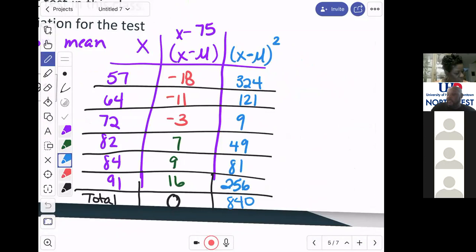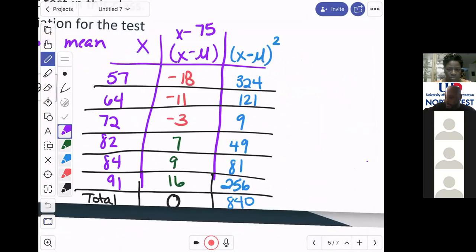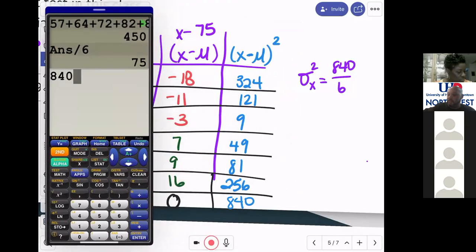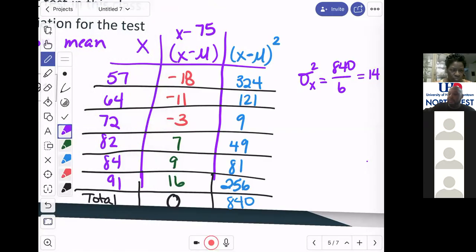So what we found when we do that, that's called sigma squared. So your sigma squared x is equal to 840 divided by 6. And that's equal to 140.